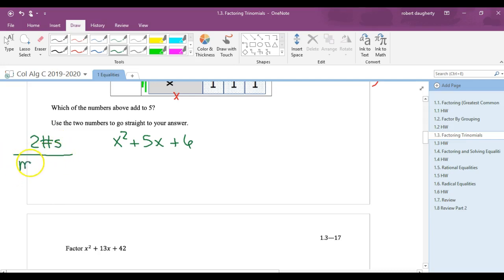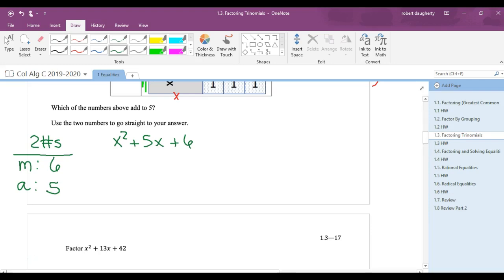Those numbers need to do two things for me. Those numbers need to multiply to give me a 6, and they need to add to give me a 5. Now, where did I get that from? Where did I get those numbers? They multiply to give me this last number, and they're going to add to give me this inside number. Okay? What two numbers will multiply to 6 and add to 5?